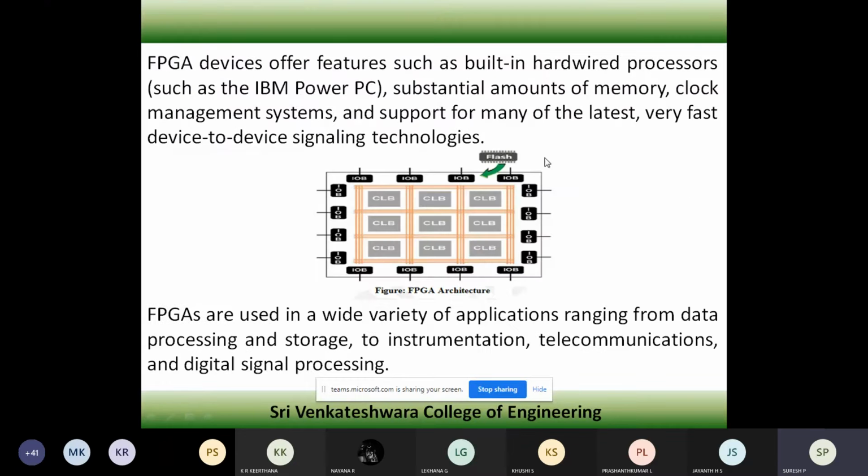Okay. Your FPGA device offers features such as built-in hardware processors, such as the IBM PowerPC. The IBM PowerPC is one of the examples of an FPGA, so that is why it is referred to, as the example they have taken. In that particular FPGA, it has a substantial amount of memory, where you can store the data.